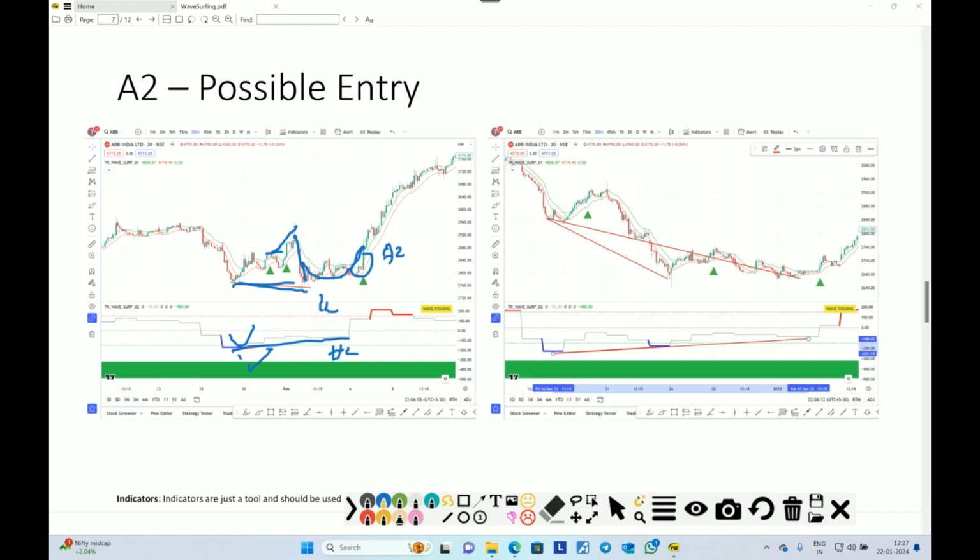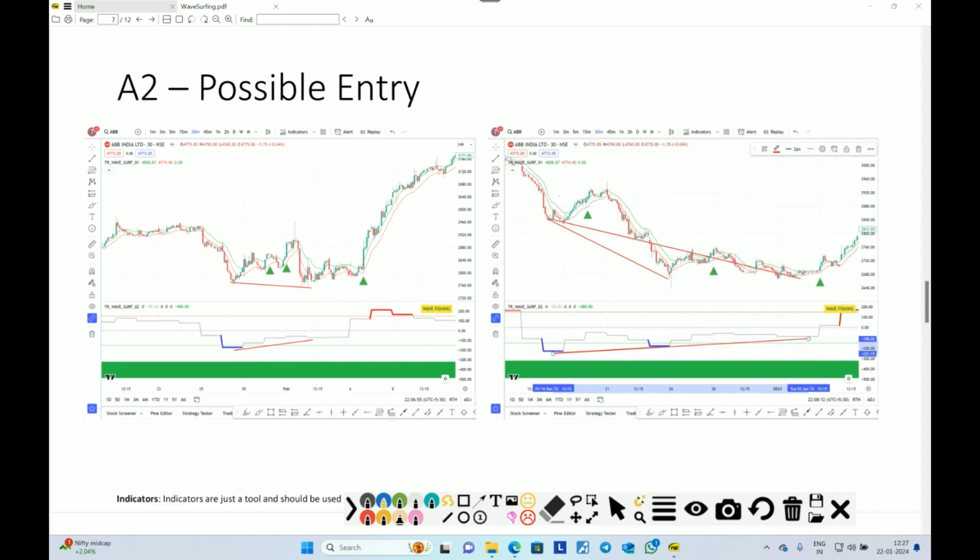Okay, here is another example showing that it's not just one time it will be stretched. There will be a couple of times. So this is your A1 entry, it failed, and then another A2 entry. This A2 entry also failed, and the next A2 entry worked out, and whatever we lost in the couple of trades was captured on the higher side.